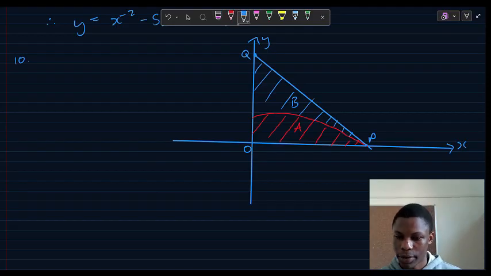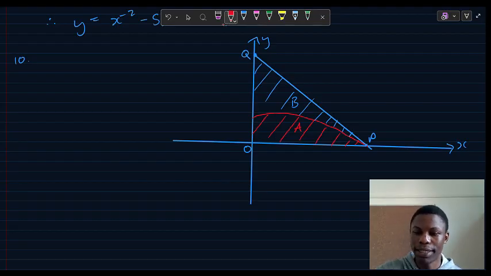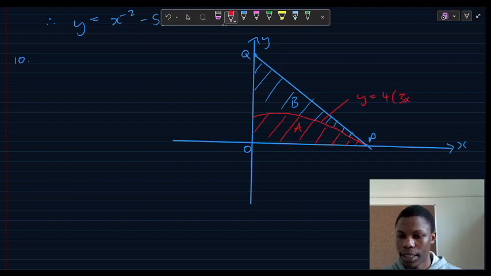So the diagram shows the curve with equation y is equal to 4 times (3x plus 4) to the half minus 2x minus 6. So the curve is going to be the red one, right?